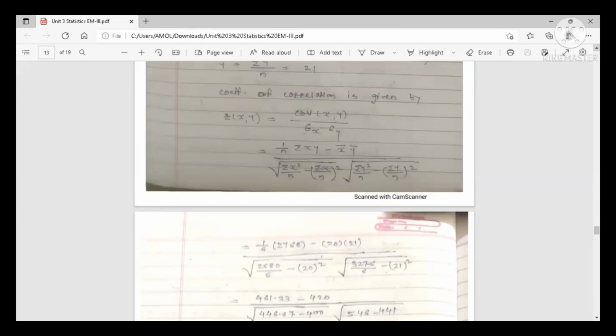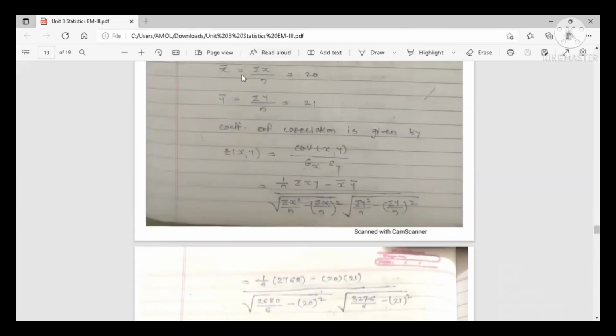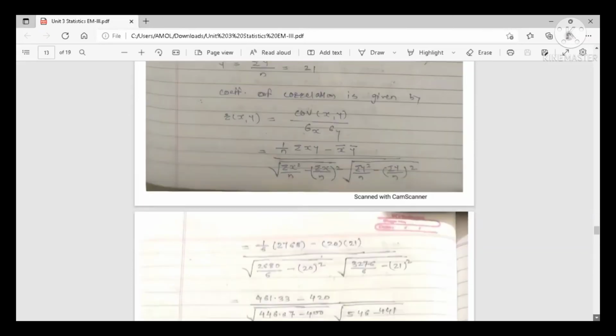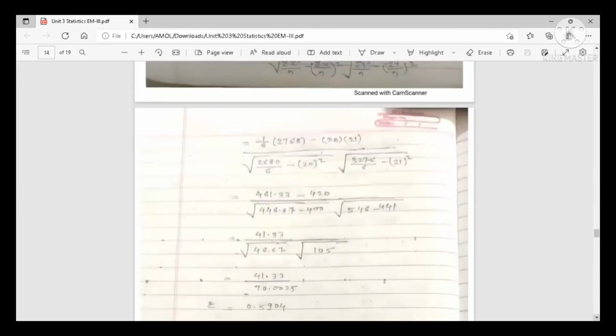Summation x upon n is nothing but x bar. It is 20. So right here summation x upon n is equal to 20. 20 square. Another square root. Summation y square from the table it is 3276 upon n. N is 6 minus summation y upon n. Summation y upon n is 21. 21 square. Okay, so put here all the values and then you just simplify and calculate the values.